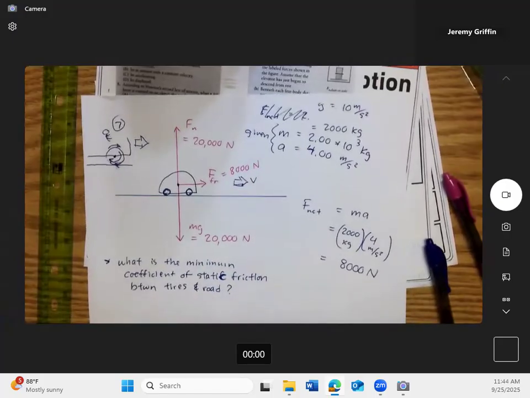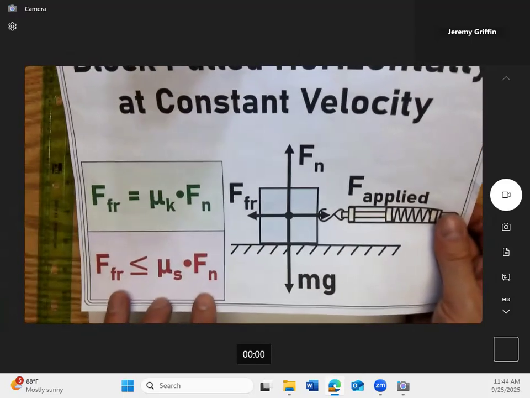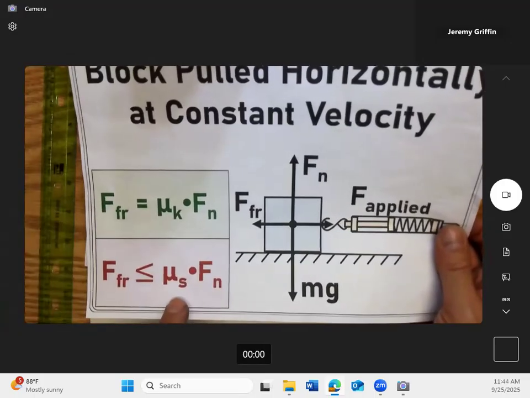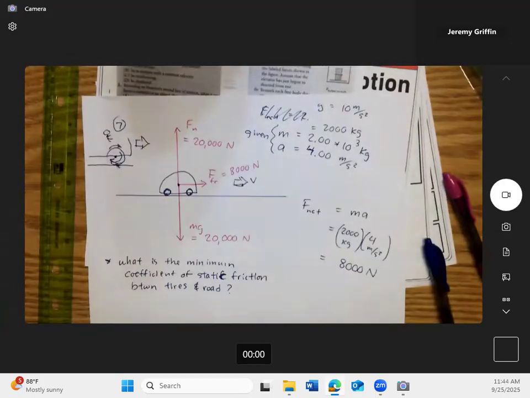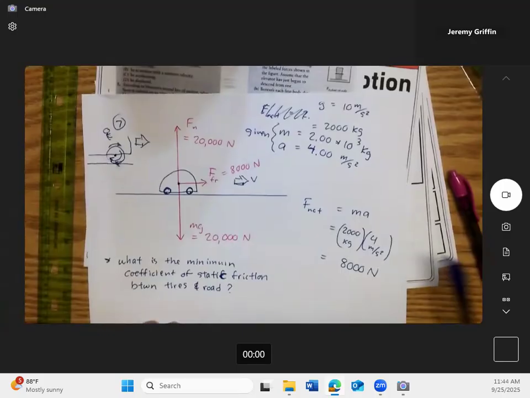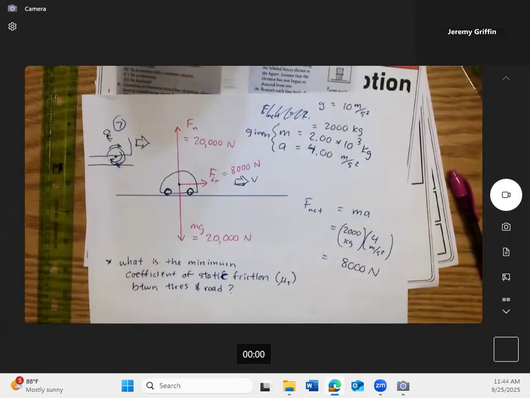So how could you solve for that? Somebody calculate what is the minimum coefficient of static friction, mu s, between the tires and the road for this scenario. When you get it, raise your hand.